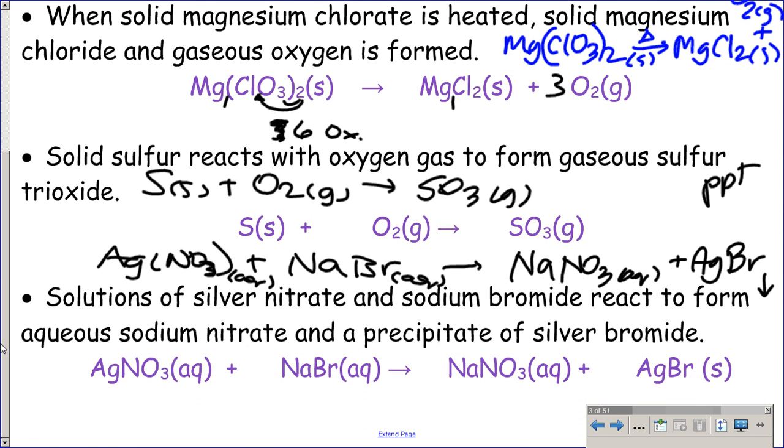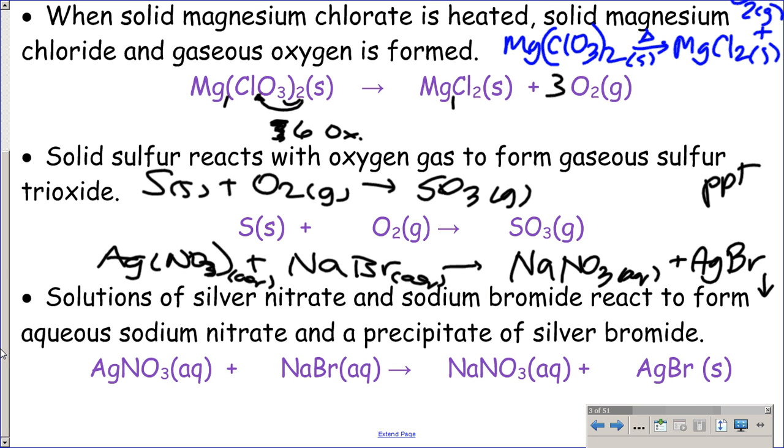All right, so this one, this guy right here, how many S's? 1. S's on this side? 1. How many O's on this side? 2. 3. Okay, so how do you balance 2 and 3? Tyler? What's a common, what could you multiply them both by? Or separately by? So just multiply them by their opposite, their other ones, right?